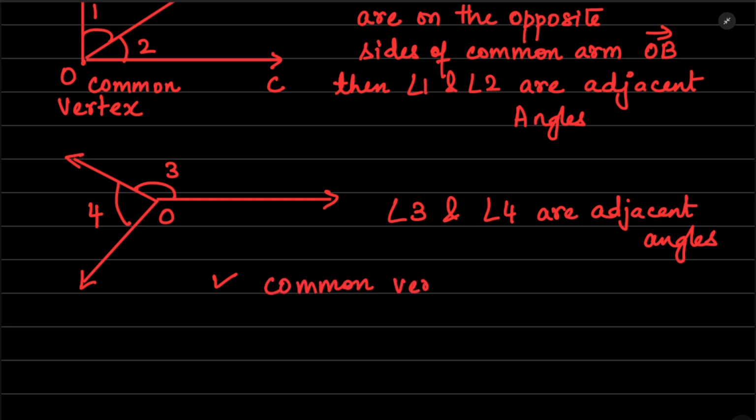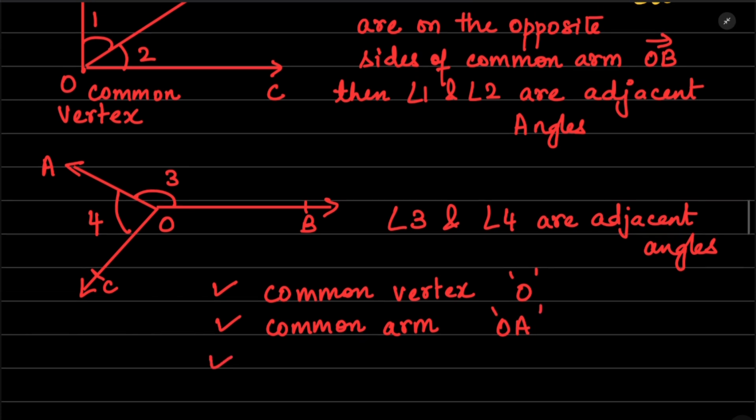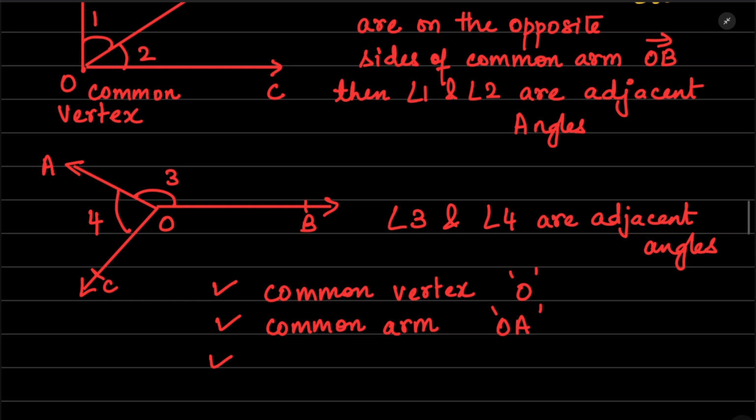Yes, it does have a common vertex O. Does it have a common arm? Yeah, it does have a common arm. Let's say OA. Let this be B and let this be C. So the common arm is ray OA. And does it have non-common arms on the opposite sides?